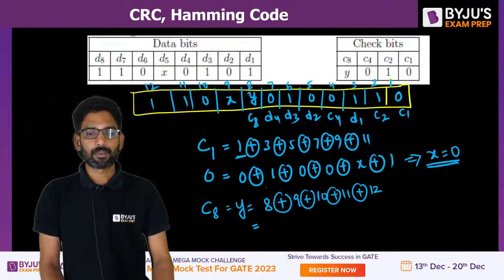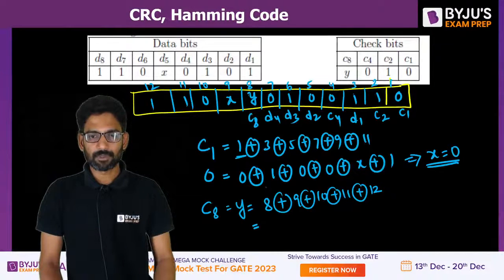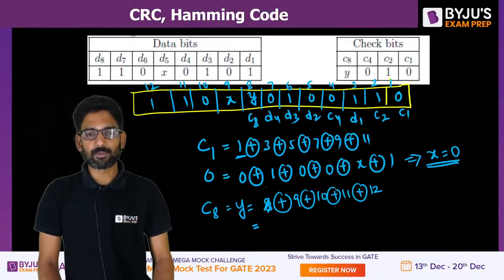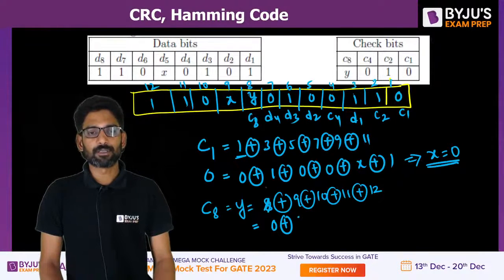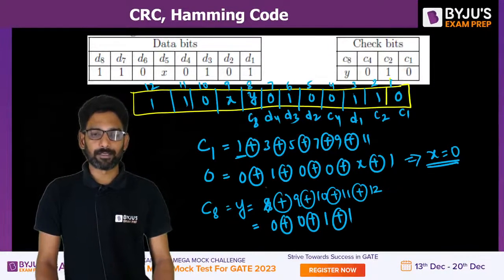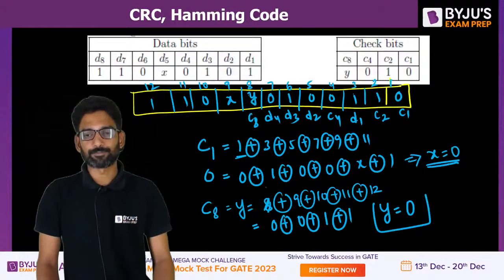So, 8th position is Y, which I do not know. 9th position is X, which I got as 0. 10th position 0. 11th 1. 12th 1. So, to keep even parity, what should Y be? Y also should be 0.